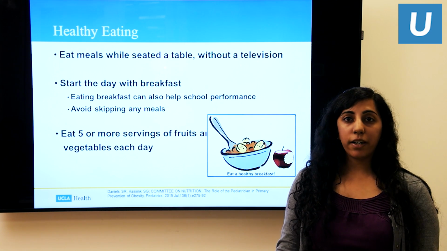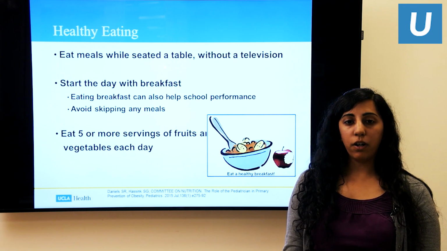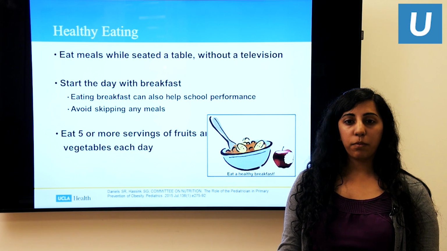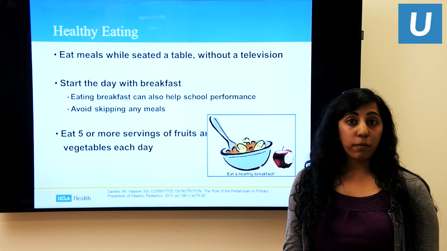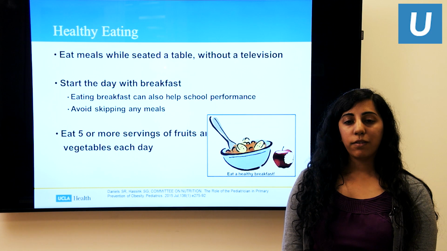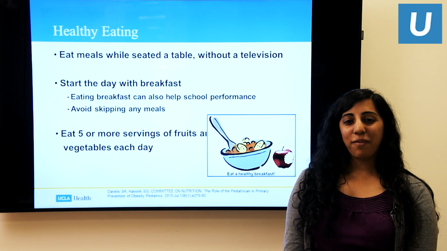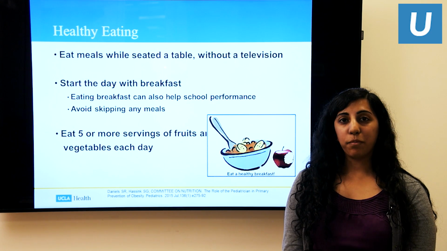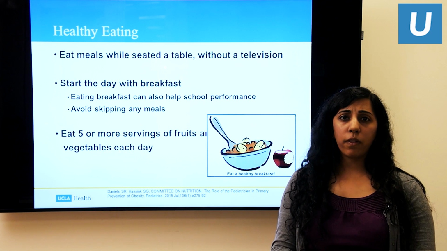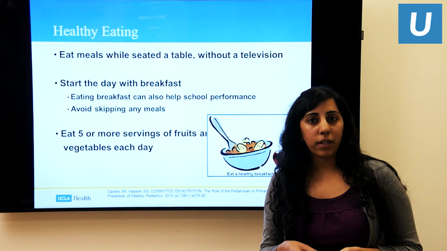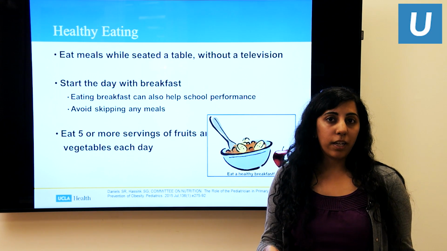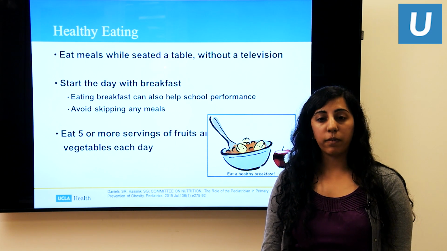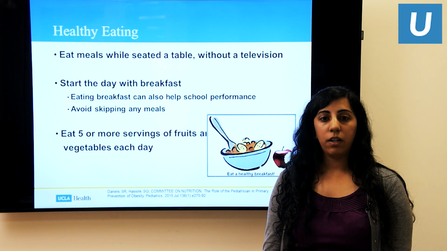This can be very helpful not just for healthy eating overall, but eating breakfast promotes better school performance in children. And back to this, eat 5 or more servings of fruits and vegetables each day. If you follow the myplate.gov guideline for each meal, you will end up eating 5 or more fruit or vegetable servings per day.